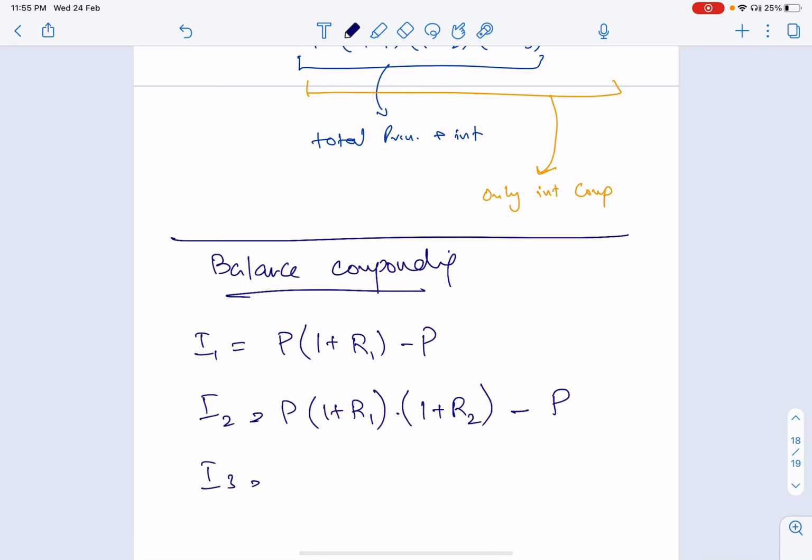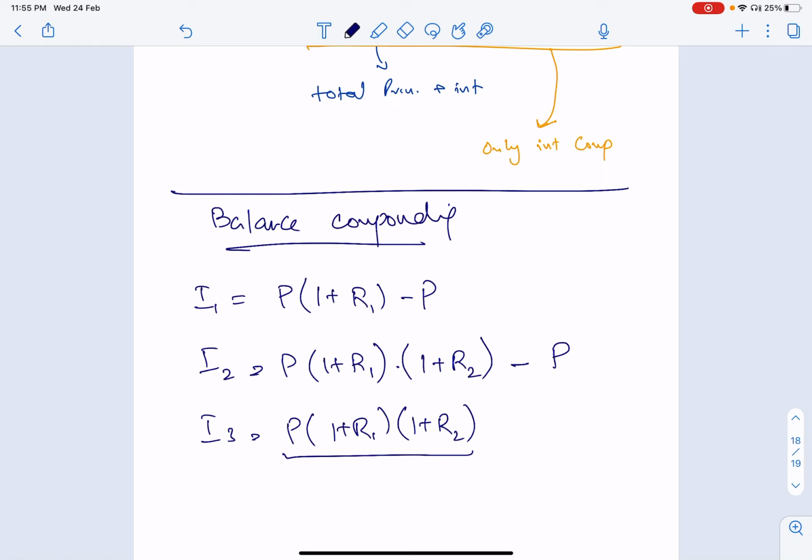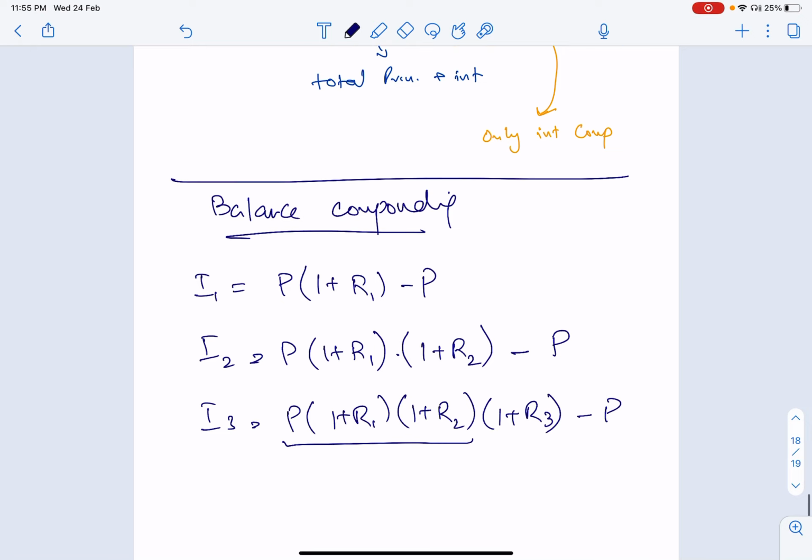For I3, again the same thing: 1 plus R1, 1 plus R2, which is the new principal plus the interest from the previous day. If you multiply it by 1 plus R3, that gives the principal plus interest, minus P, which will only give you the interest component.